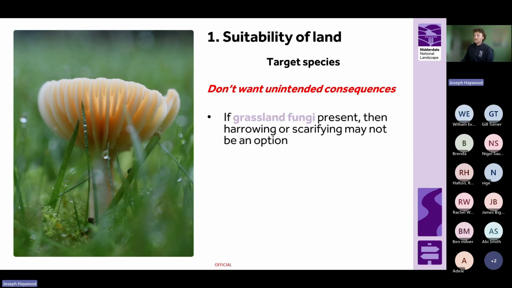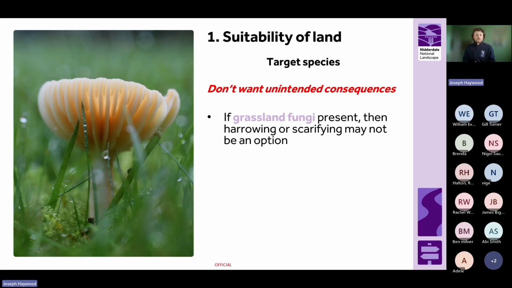And if these grassland fungi are present, then, if you're harrowing the ground or scarifying it to create that bare ground, which we'll talk about is really important later on, you might want to avoid the areas where you've identified some of these grassland fungi, because you could potentially damage the mycelial networks that live under the ground, and then they won't fruit the following year.